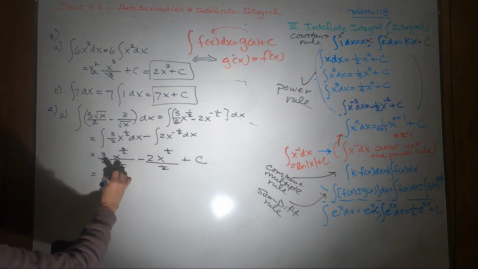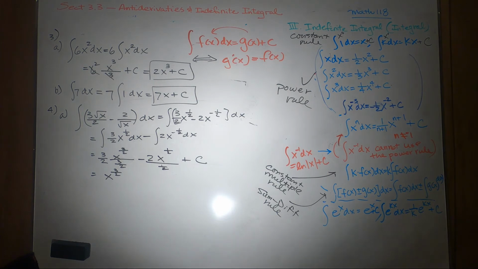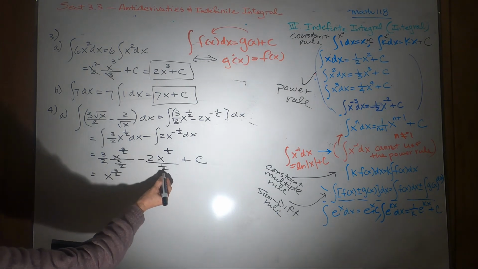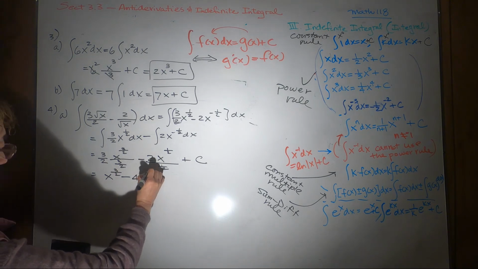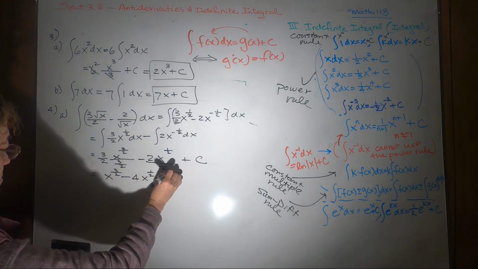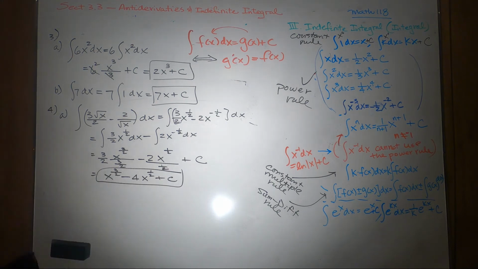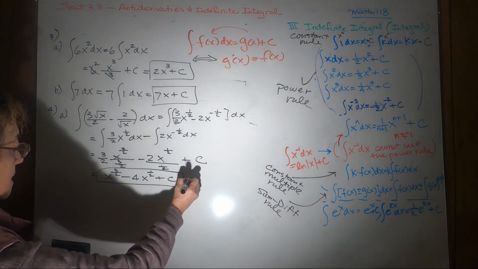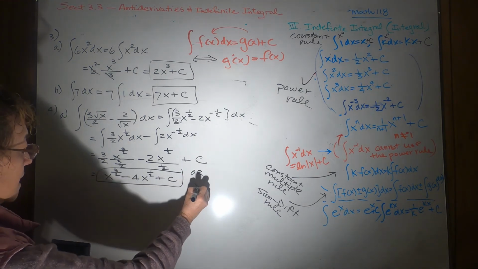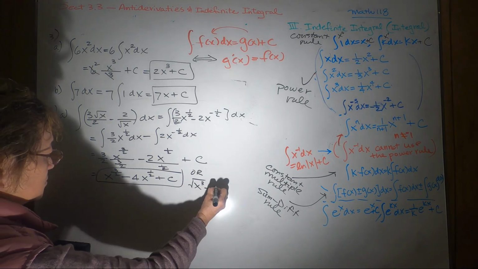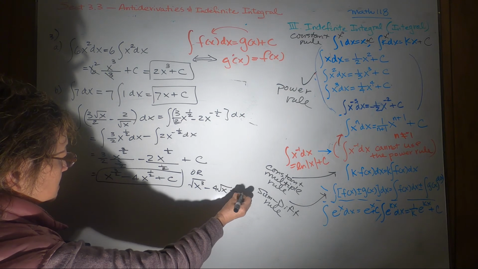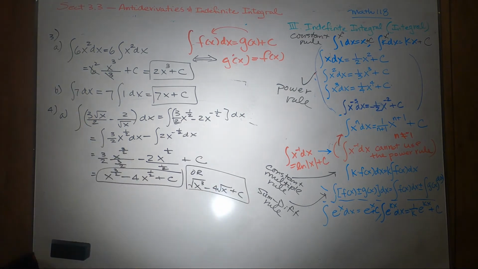So that will be x to the 3/2 power. 2 divided by half becomes 4. Then 4x to the half power plus your arbitrary constant. Or you can write it this way: x to the 3rd power, take a square root, minus 4 square root of x plus c. Either way would be fine.